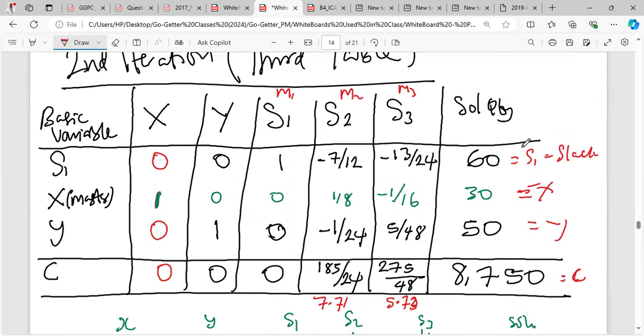And how do we interpret this? We say the optimal solution is to produce X 30, Y 50, with a maximum contribution of 8,750. The slack variable S1, machine 1, was unused, with a slack of 60, and machine 2 and machine 3 give us the optimal solution, and their shadow prices are all these ones here.